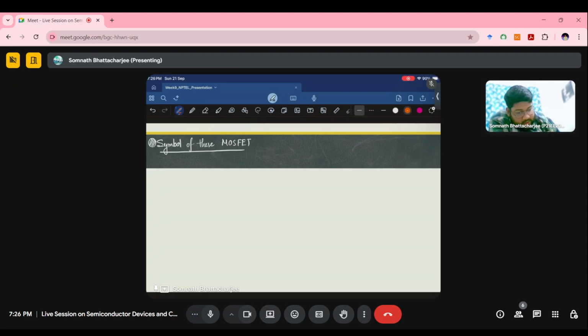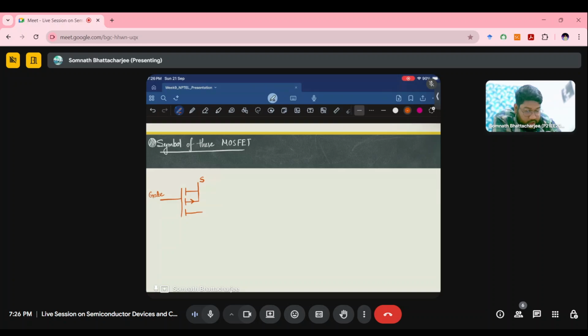So a basic MOSFET is like this. First we have the gate region here. There's a separate region here, and a separate region here. The first one we know is the source, and this one is the bulk.